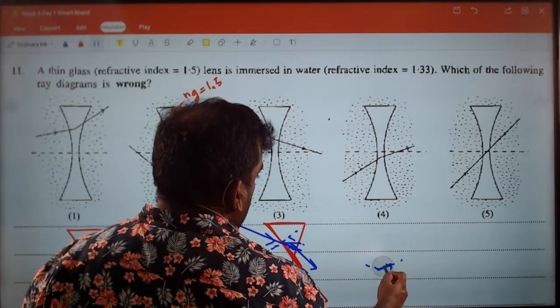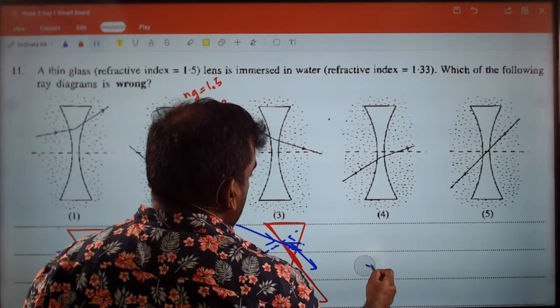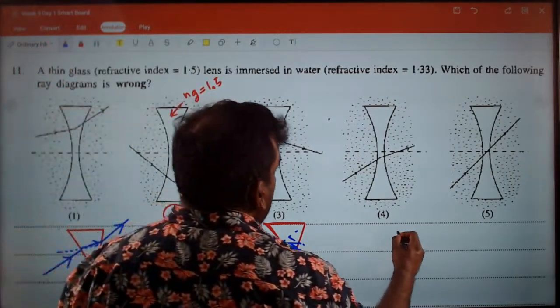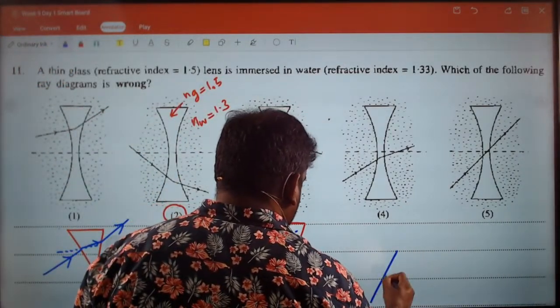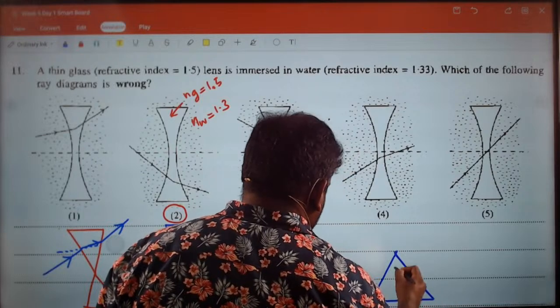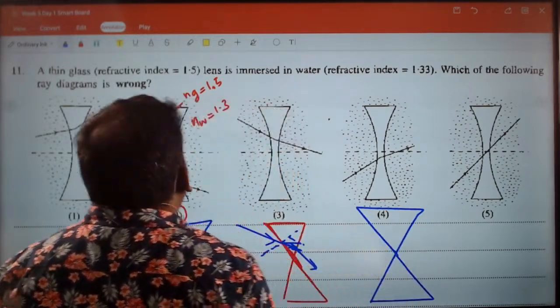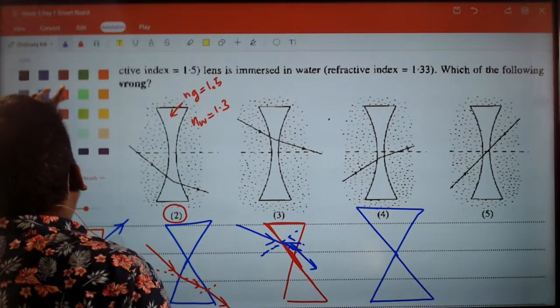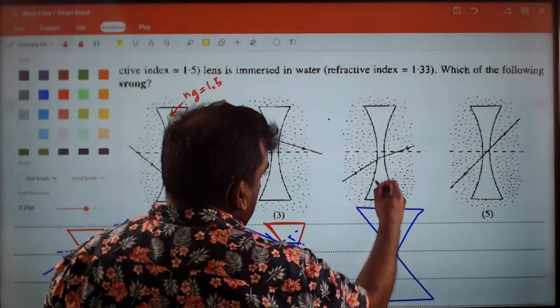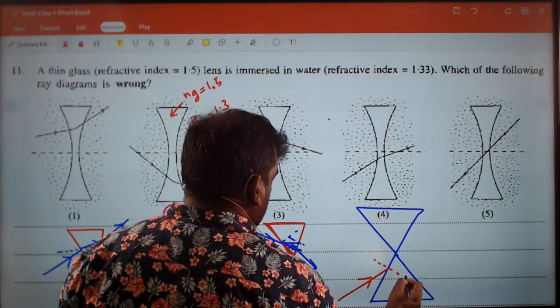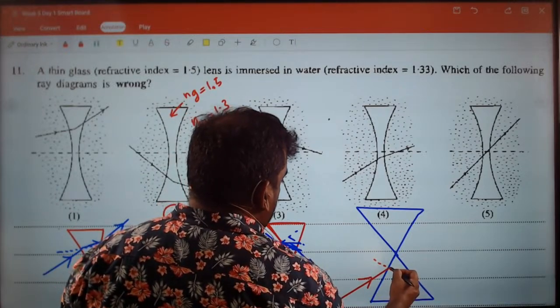Draw this again. Here. Have a look. So the light ray is coming somewhere here. Rarer, denser: towards, small deviation.